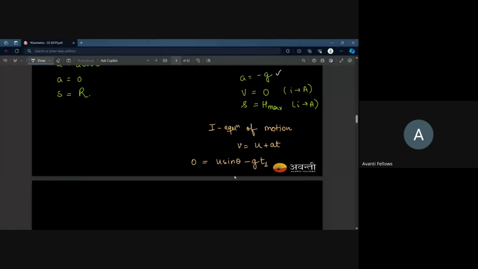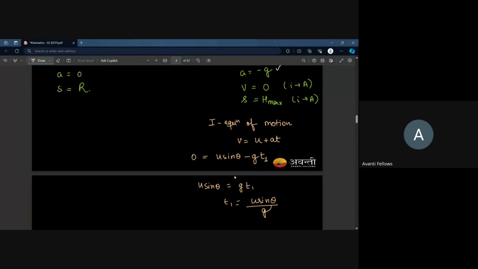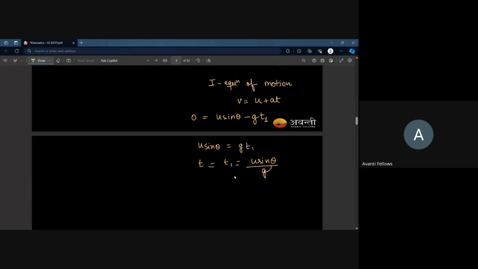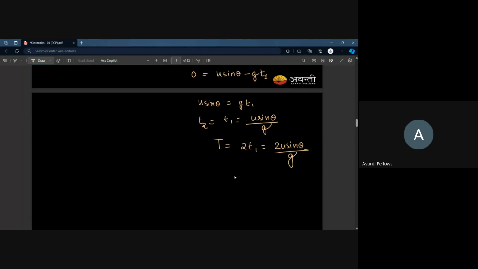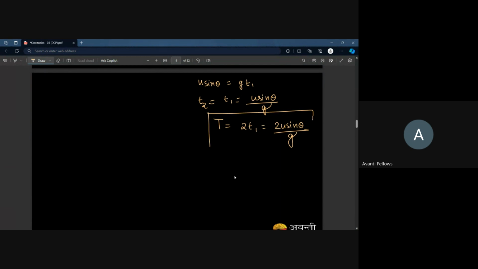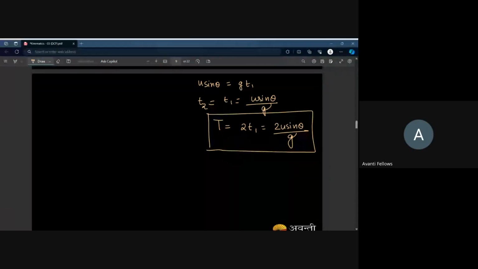So you will get u sine theta equals g t1, and t1 would be u sine theta by g. This is the same time as t2. If I want to calculate the total time, I have to do 2t1, which is 2u sine theta divided by g, and hence you get the time of flight. Is that okay? Yes, ma'am.